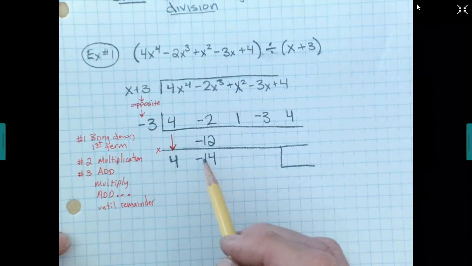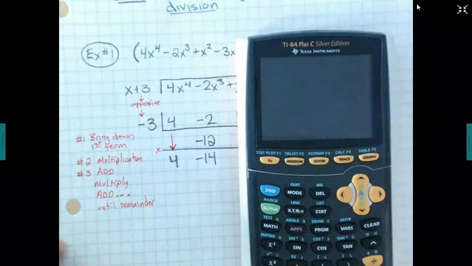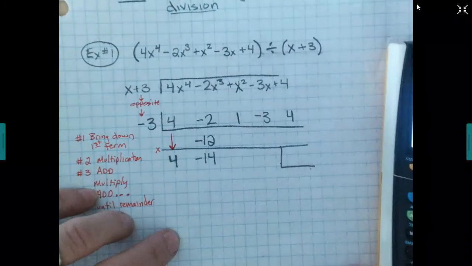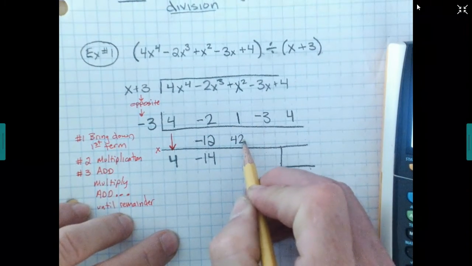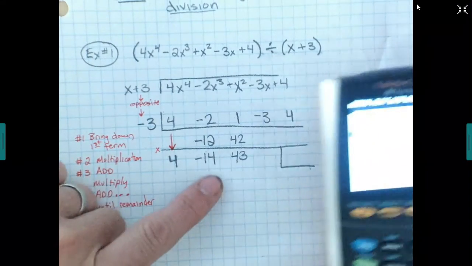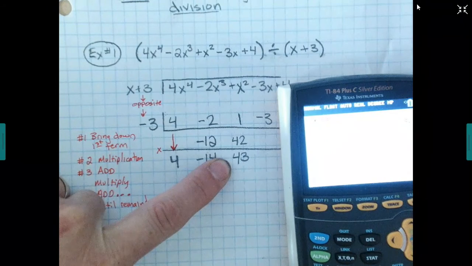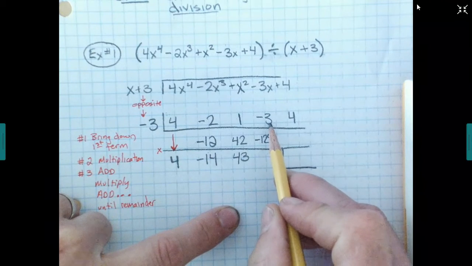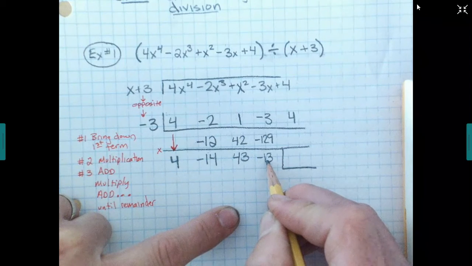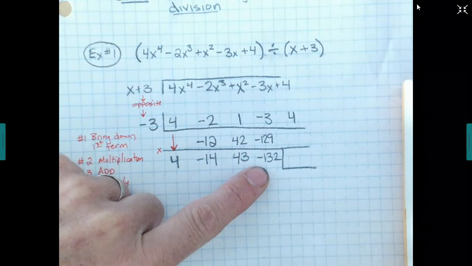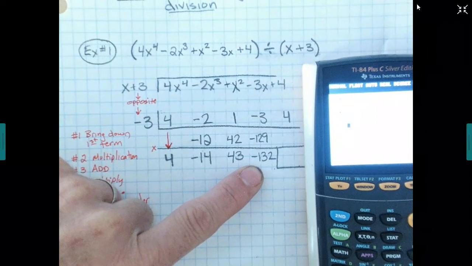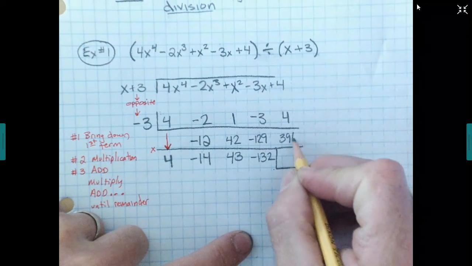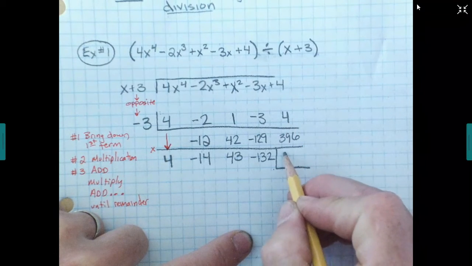Now I go back and I multiply. -3 times -14 gives me +42. 1 plus 42 is 43. -3 times 43 gives me -129. -129 minus 3 is -132. -132 times -3 gives me 396. And 396 plus 4 is 400.